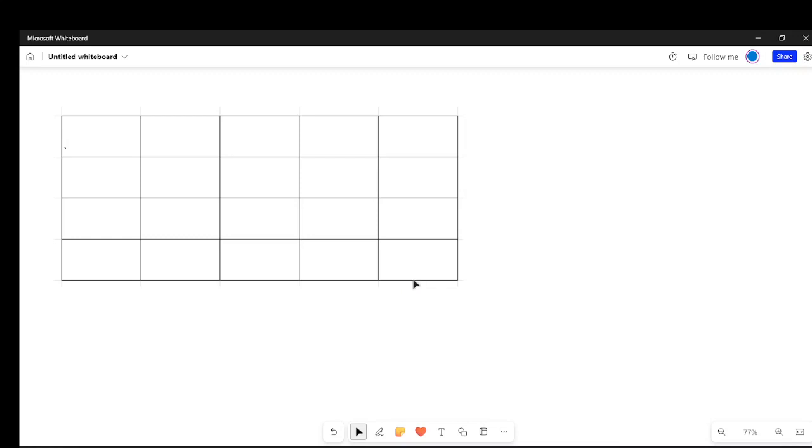This is a visual figure. Suppose this is a floor and here are the tiles. Now if the length of each tile is 2, clear? The length of each tile is 2 and the breadth is 1.